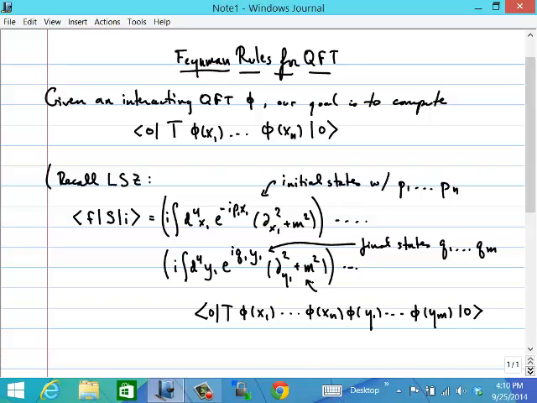That's just the Klein-Gordon operator. It's the wave operator for a free scalar field theory, and then we take some Fourier transforms. Okay.